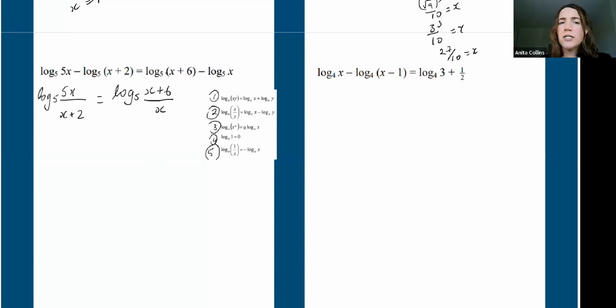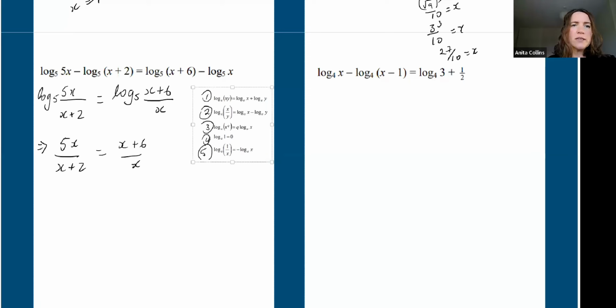What have I got? Oh, actually, I'm back to the situation where I've got log of something is equal to log of something. And the bases are the same. So therefore, the somethings, the fractions, are the same. So I've actually now gone back into algebra 1 and algebraic fractions here.